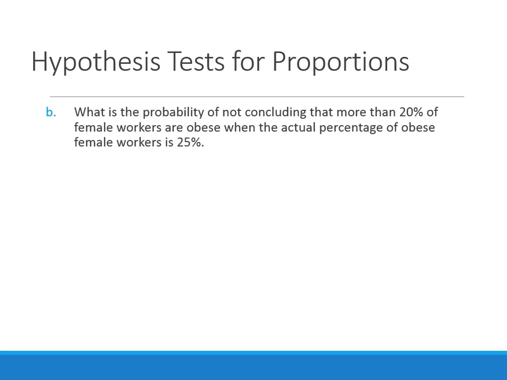Okay, so I was working with some people in the tutor room on Wednesday, and it's these errors that can really make your brain hurt. So let's figure out what we're asking for here. So we want the probability of something given that the actual percentage of obese female workers is 0.25.